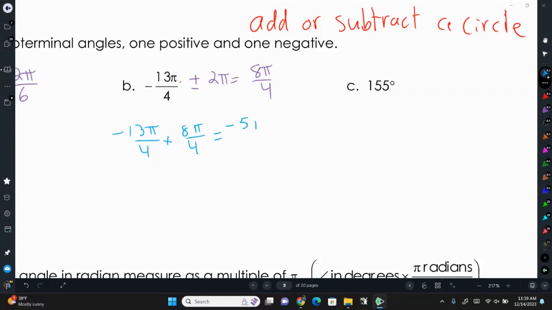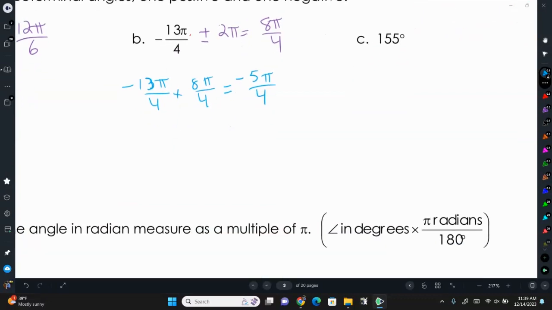That gives us negative 9 pi over 4. So by adding a circle, we still got a negative coterminal angle. So I don't want to now subtract 2 pi, because that's just going to get more negative. So let's take that new negative angle that we got, because that was our one negative one we're supposed to calculate, and add another 8 pi over 4, which is 2 pi, and we get negative pi over 4.